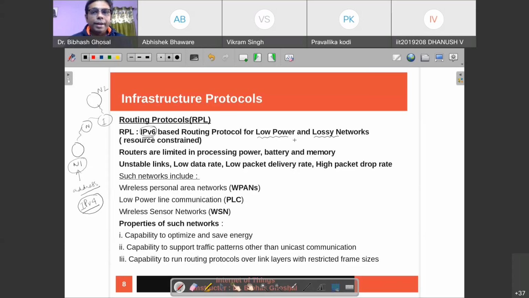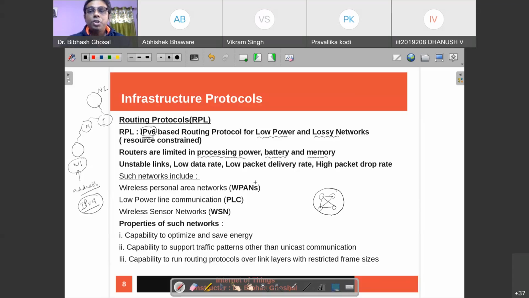Because the network that you are going to build using these devices is making use of devices which are very, very error prone. They are limited in processing power, they are battery operated, with very low memory.